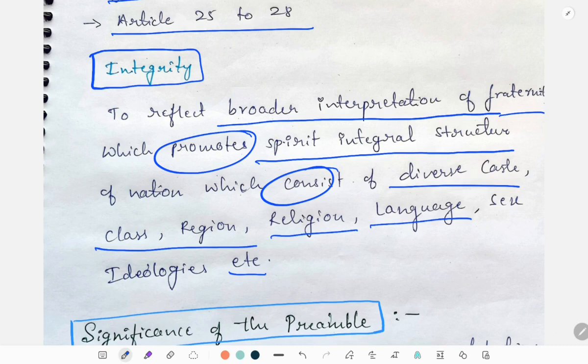Integrity means diversity: diversity in caste, class, religion, race, language, ideologies, etc.